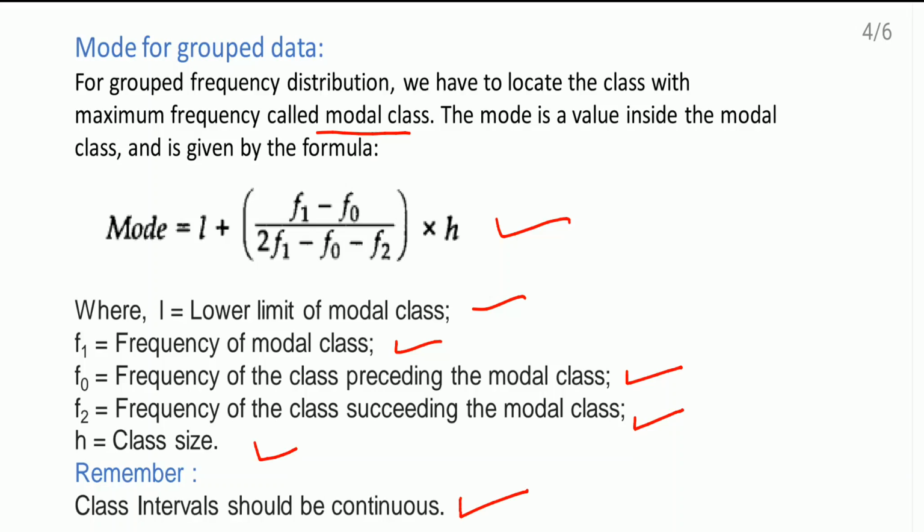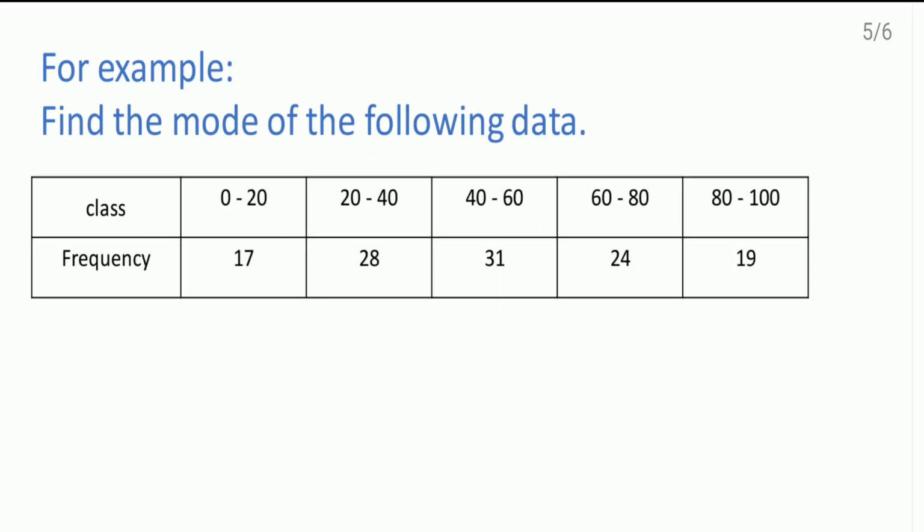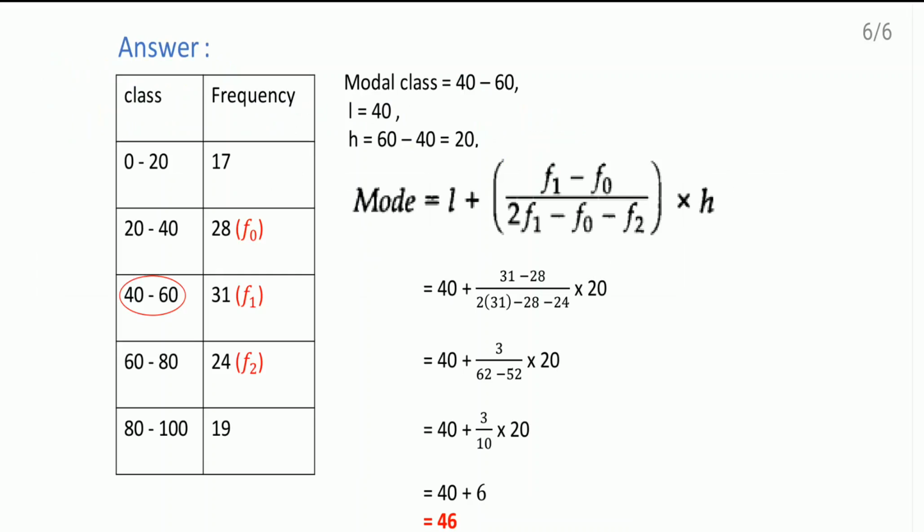Okay, let us see one example here. The table is given and we need to find the mode of this data. This table we will write in the vertical way. Once I have written this table in vertical format, I see which frequency is the maximum.